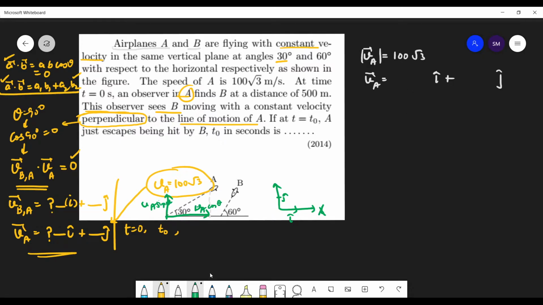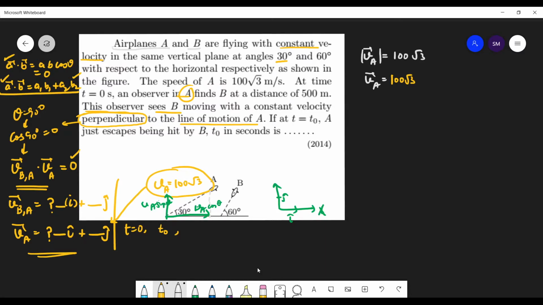So here I get VA cos theta, and VA is 100 root 3, into cos 30 degrees.